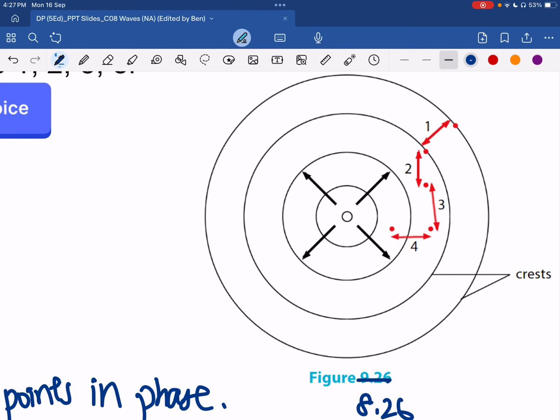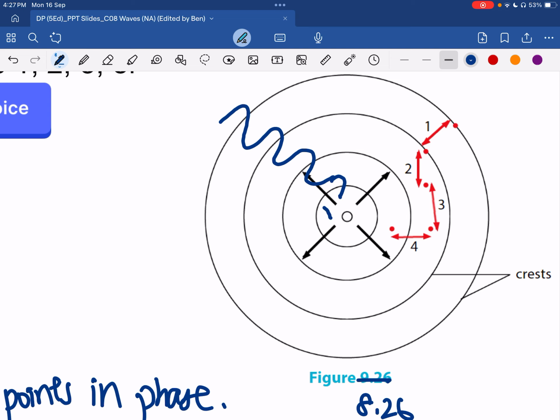If we were to visualize it in terms of 3D, let's say each of the circular lines here represent the crest, okay? Which means that this is how the wave should look like.